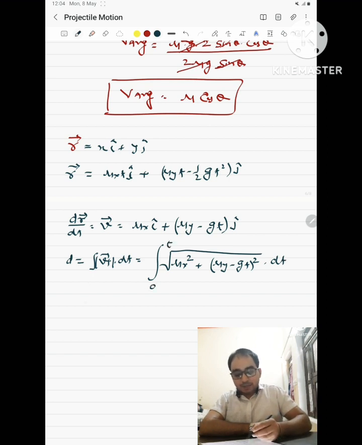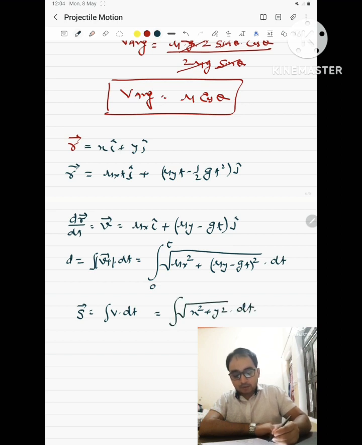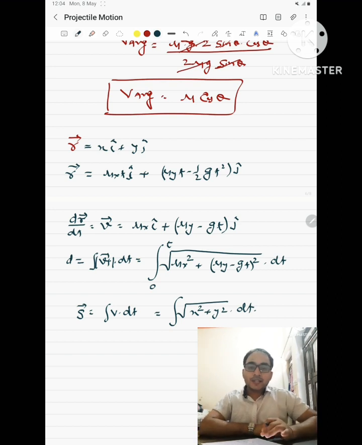And the displacement can be directly written as the integration of v dt, and that will come out as square root of x square plus y square.